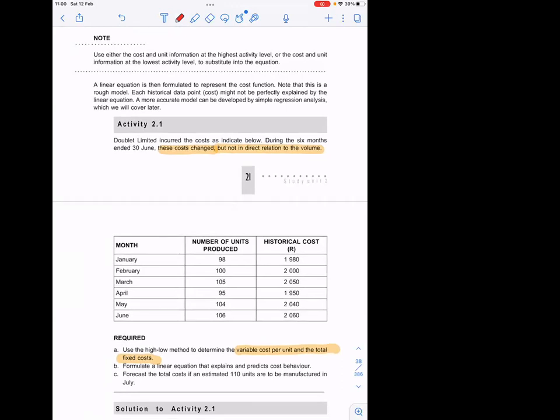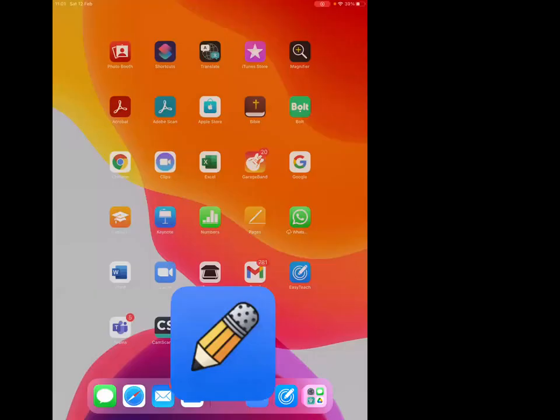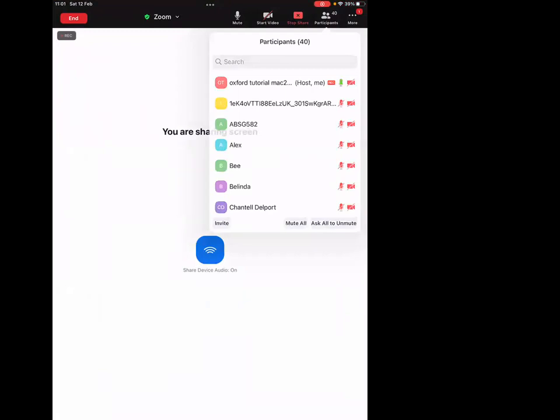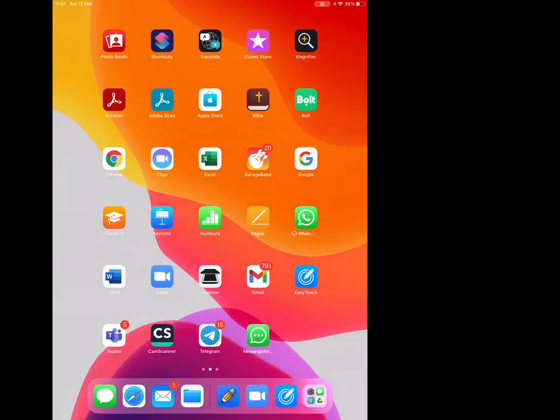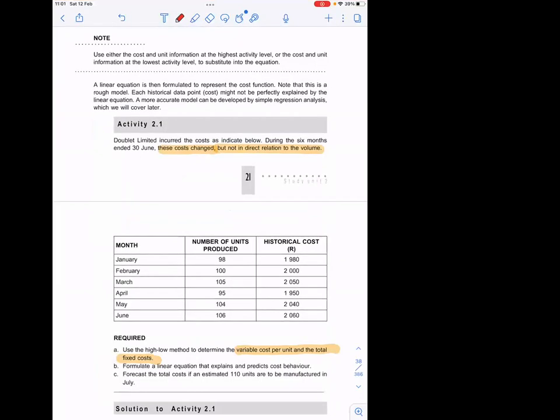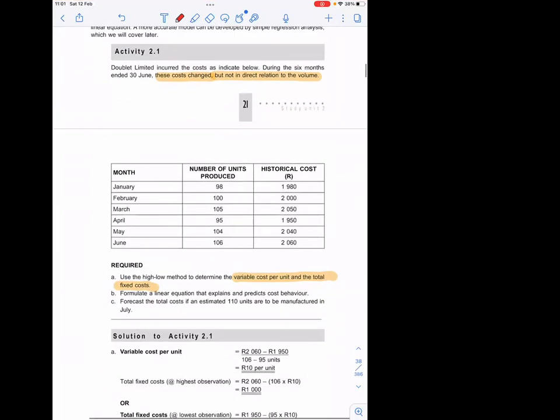Because if it was changing in direct proportion to volume, we know it's a variable cost, so divide the total variable cost by the number of units produced. But if it's changing, but not in direct proportion, we are saying that there's some distortion involved, meaning the cost could be a semi-variable cost. It contains both the fixed and the variable element. So we then apply our high-low method to split those costs, get the variable element and the fixed element. Then you can respond to the answer.